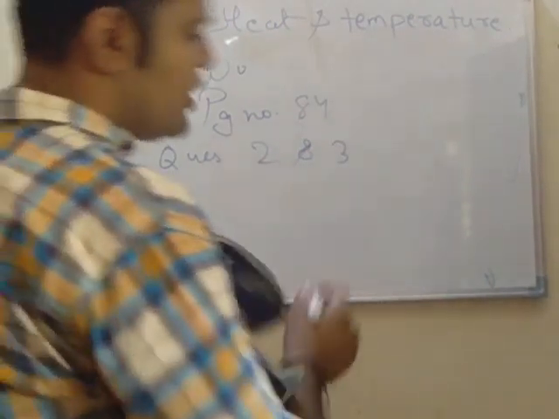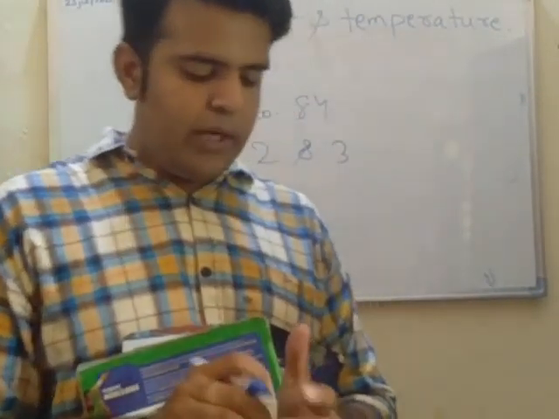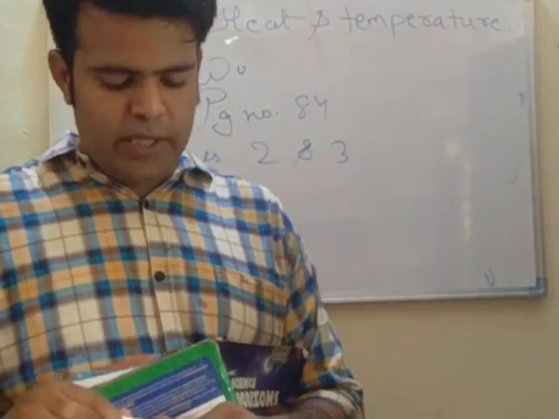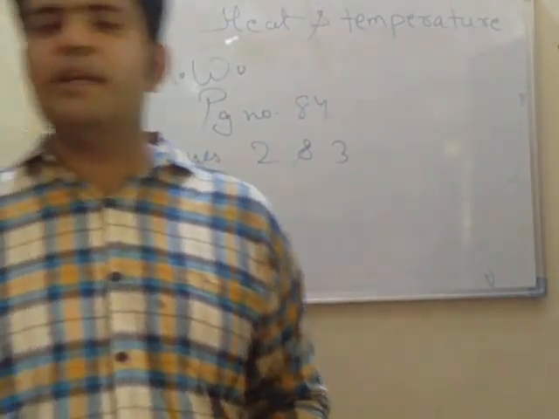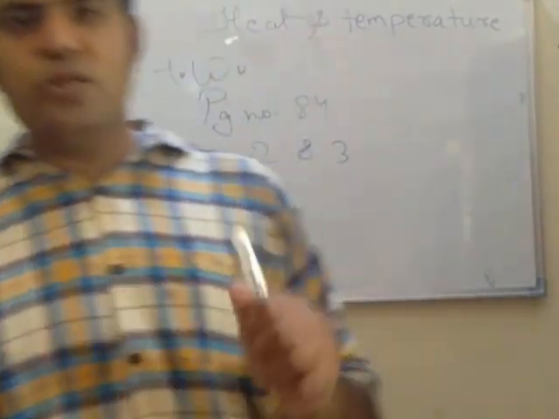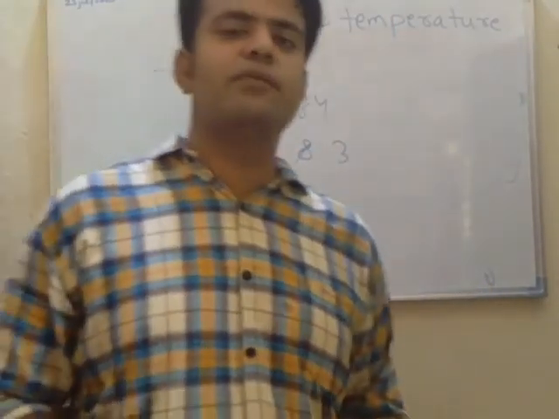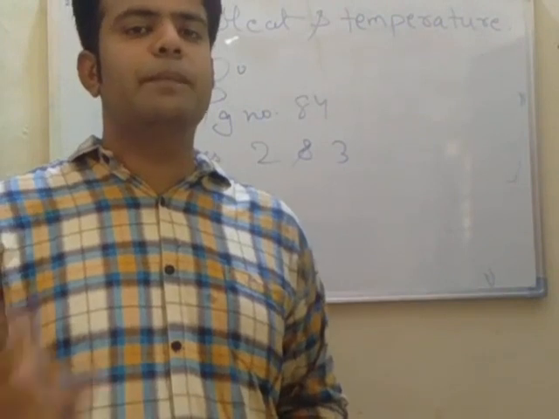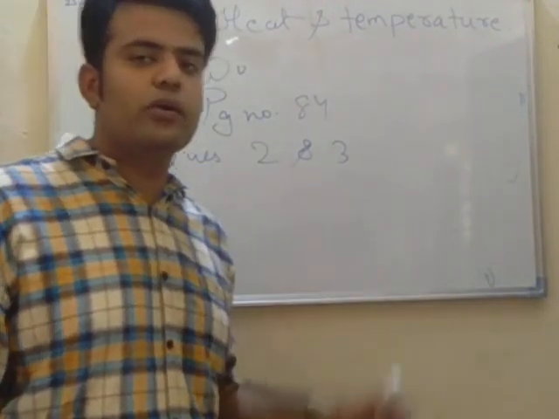You have to use this formula. I have told you, you just have to put the value and determine the answer, and complete the homework. Okay, next we will meet in the next class, and you have to revise. Due to COVID-19 classes are not there, but you have to prepare for the exams. Do not cheat, complete your copy and prepare for the exam, and I want this homework to be completed in your copies. Okay.